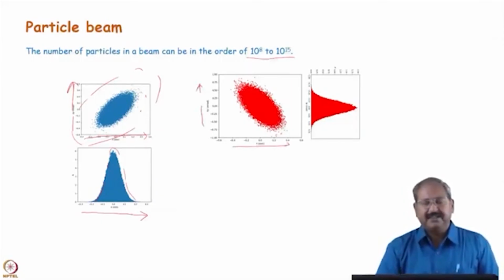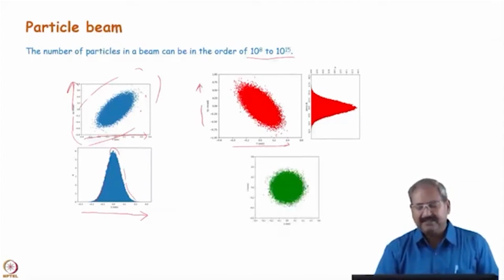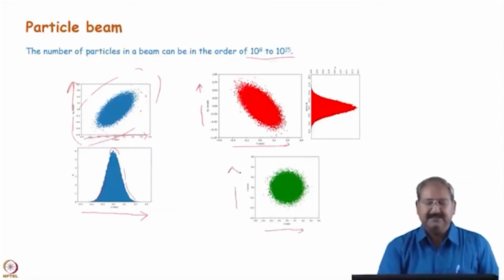Now instead of angle, if we see what is the extent of the beam from the design axis in the x direction or in the y direction, we say A and B in the last figure, then we can say that this beam may look like this.